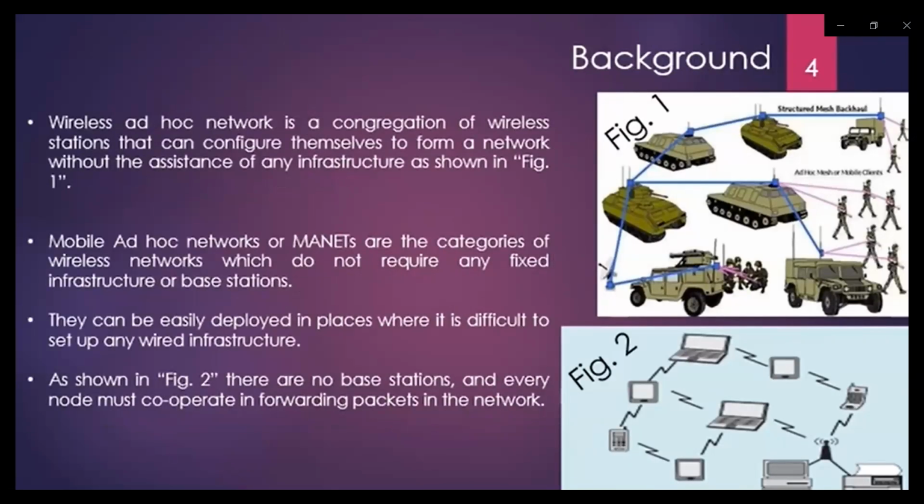As a background, a wireless ad hoc network is a congregation of wireless stations that can configure themselves to form a network without the assistance of any infrastructure, as shown in figure 1 here.